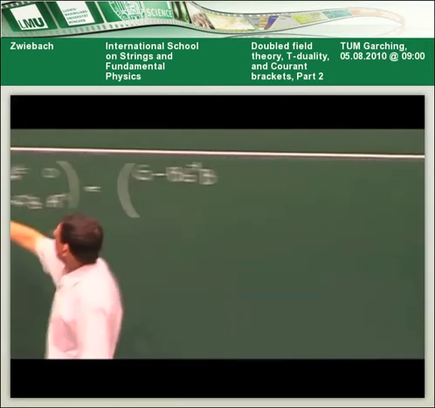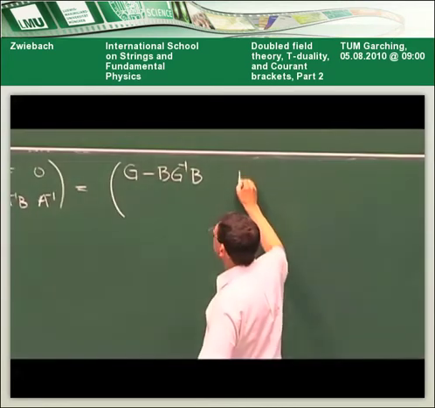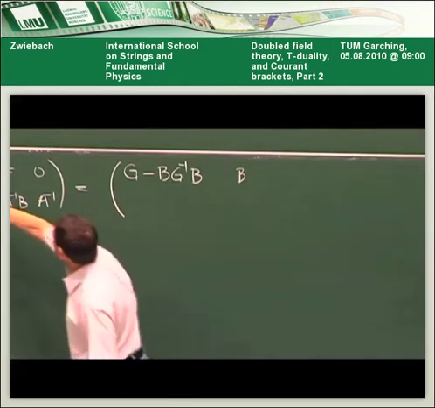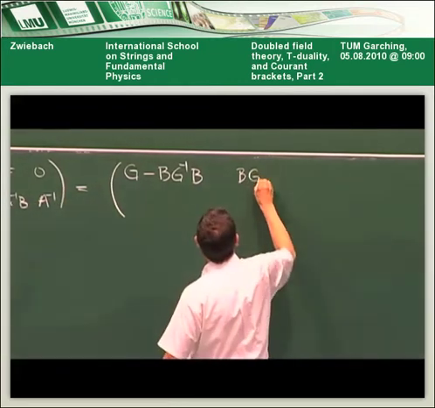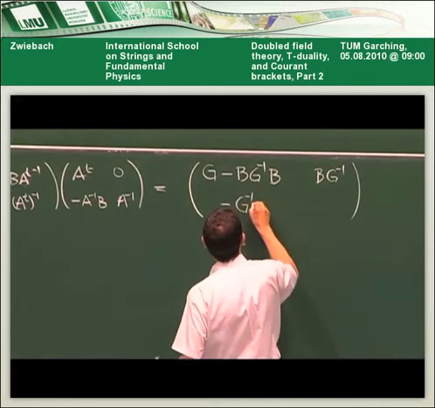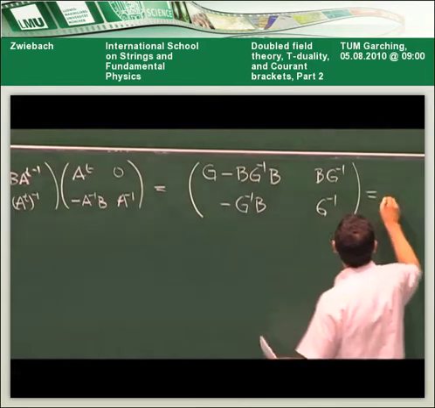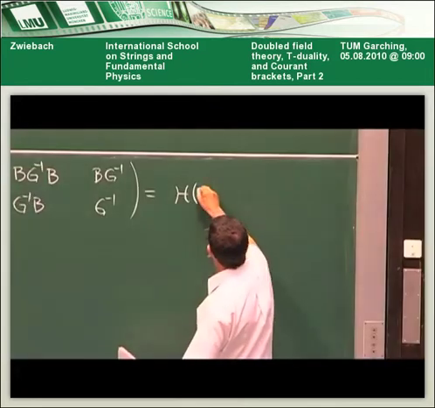You go for the next one, and you see actually you're getting B. A transpose minus 1, A minus 1 is G minus 1. Well, you'll believe me if I just say the end result is, in fact, H of E.